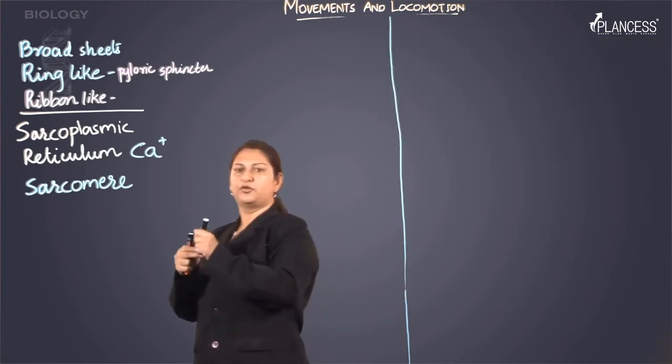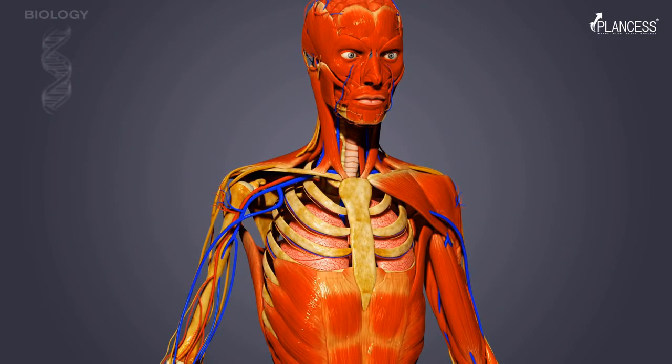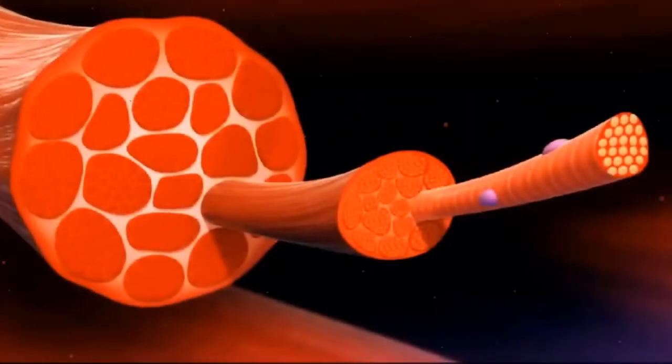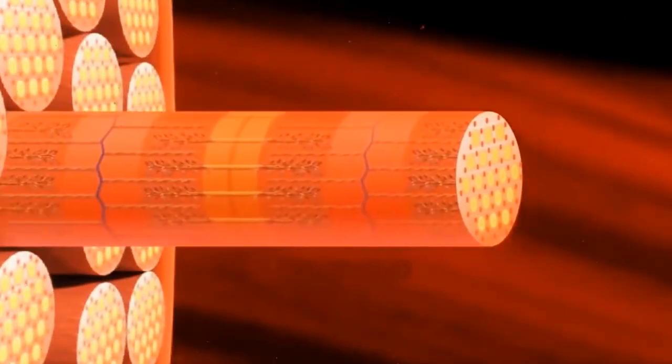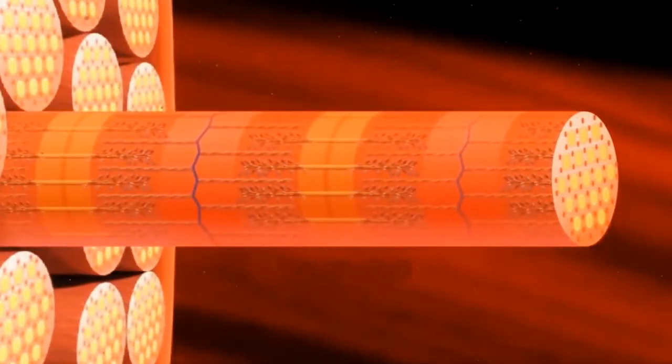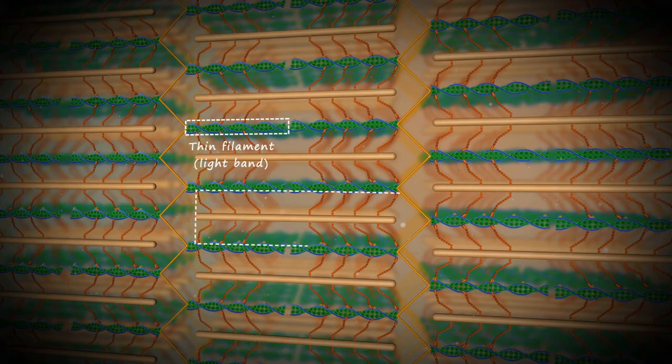Now, the sarcomere is one unit. There is a light band and there is a dark band. The light band has very thin muscle filaments, and the dark band has the thick muscle filaments.